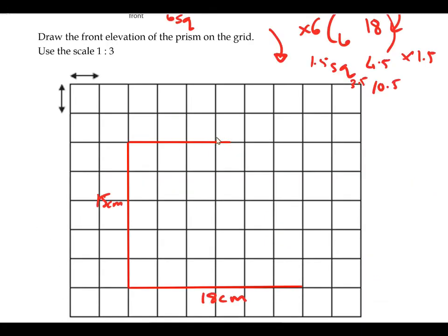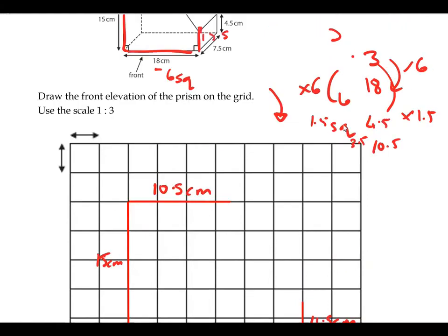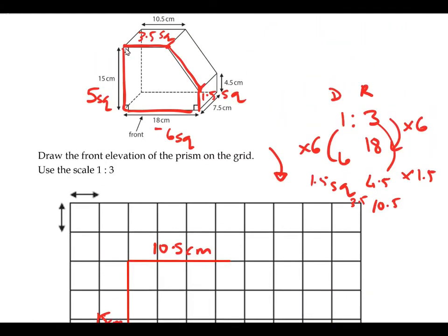So these 3.5 squares represent 10.5 centimeters. Next, we'll draw this right-hand edge, which we know is our 4.5 centimeters, so 1.5 squares up. So we're just going to draw a line 1.5 squares up from this bottom right-hand corner. So this right-hand side is 4.5 centimeters. Now when we go back to our drawing, so we've drawn this left-hand edge, the base, the top, and this right-hand edge.